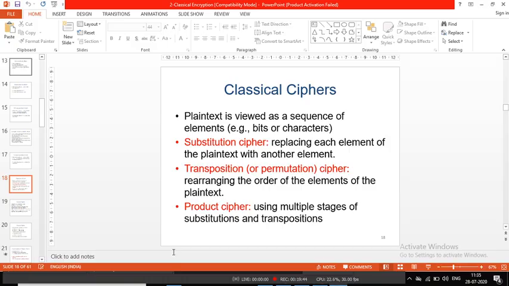Right. First, substitution cipher. In substitution cipher, we have 6 types. Number 1, Caesar cipher. Number 2, mono alphabetical cipher.